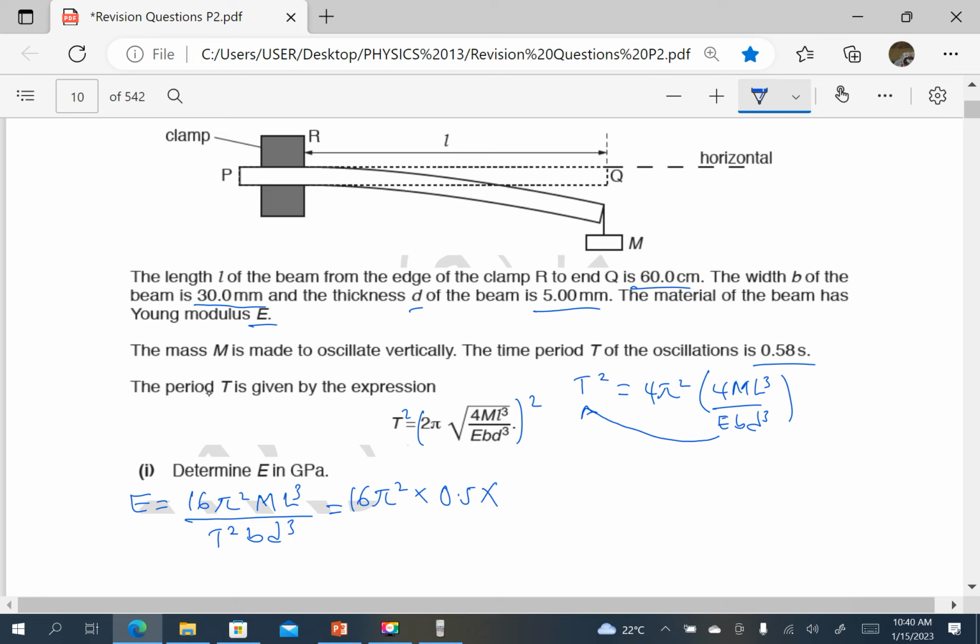L, the length was 60 centimeters. 60 divided by 100 to change it to meters, that is 0.6, but it is raised to power 3.